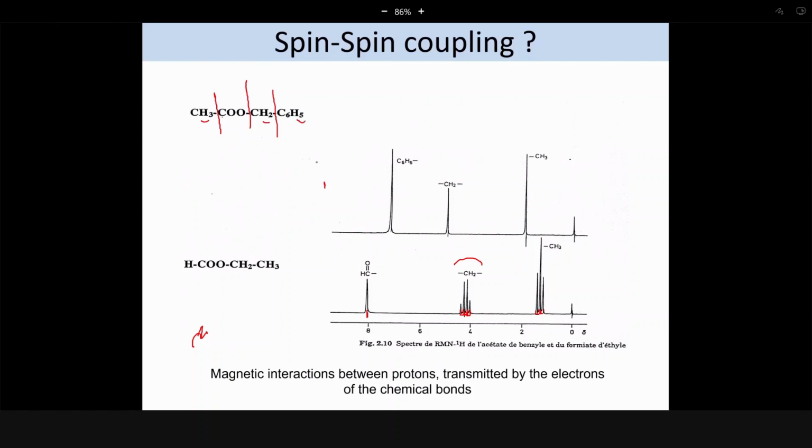And here I have a quaternary carbon. The CH3 is here.